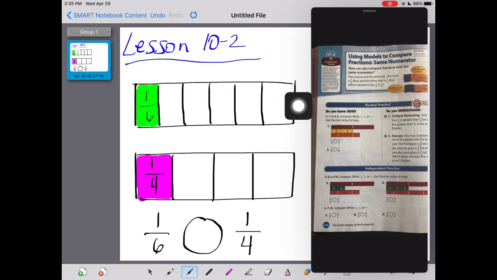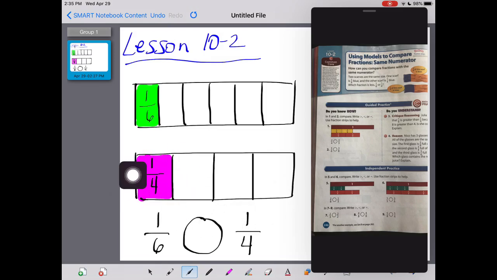Well, what we've done is we've taken the scarf and we've cut it up into those equal parts, and we basically have made fraction strips out of them. And in the first scarf, we separated those into 6 equal parts, and one of them is 1/6. And you can see how big that is. It's about that big. The other scarf, we made a fraction strip out of it by separating this out into 4 equal parts.